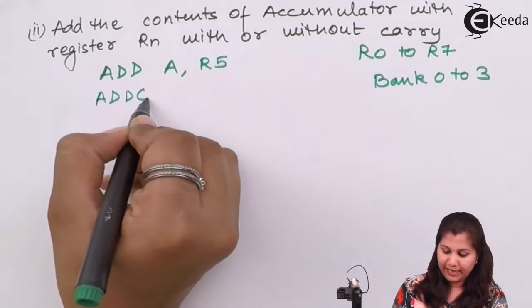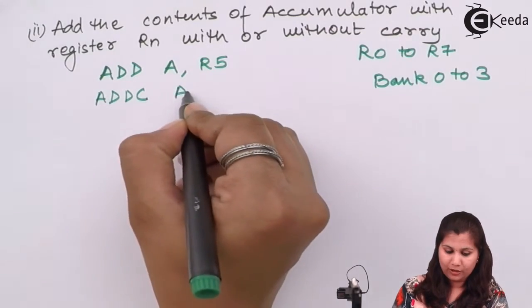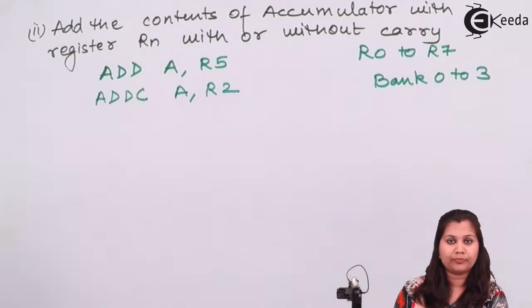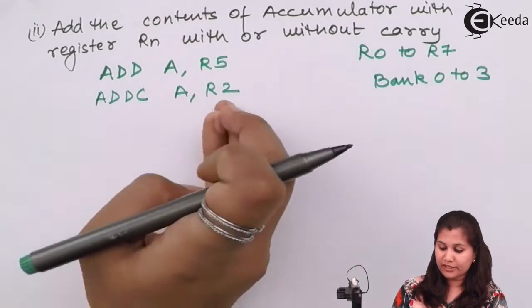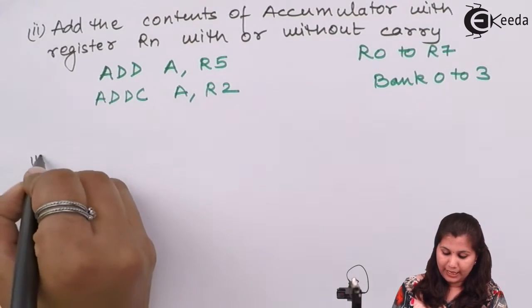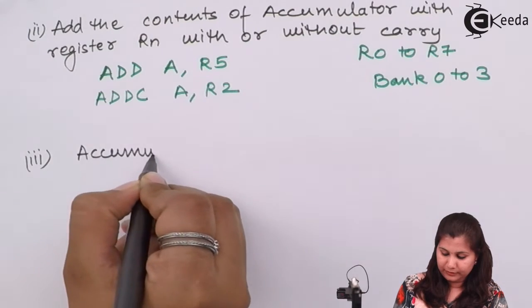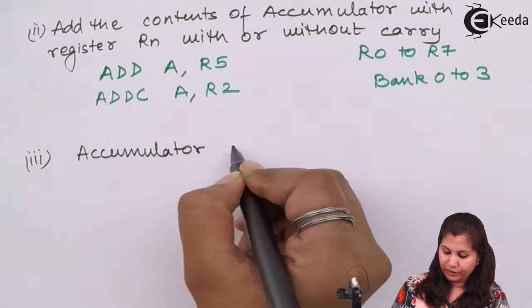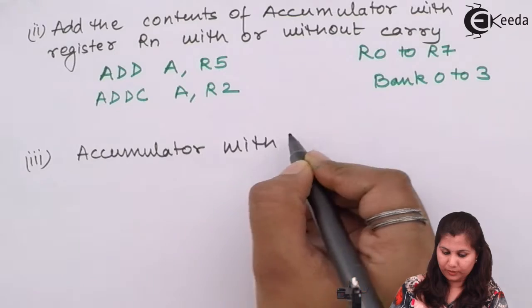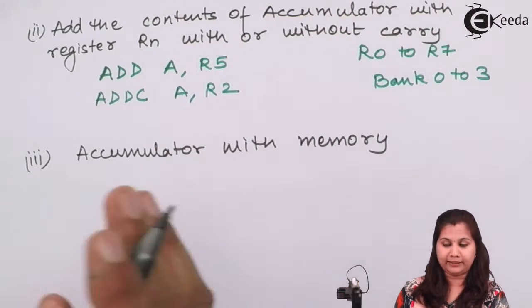If we are using carry, ADDC will be the mnemonic and A comma R2. So here register and accumulator are added. Third, we have to add the contents of accumulator with memory location, again with or without carry.